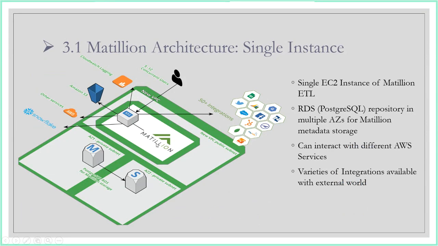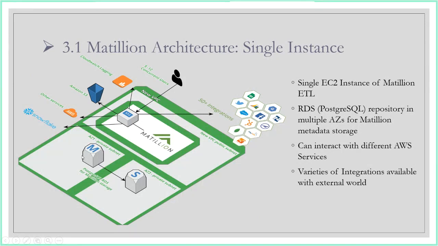Okay, right. And then Matillion stores its internal metadata within a PostgreSQL RDS database. If you see here, within different private subnets, there are two databases which get launched. When we launch Matillion, these two databases automatically get launched.